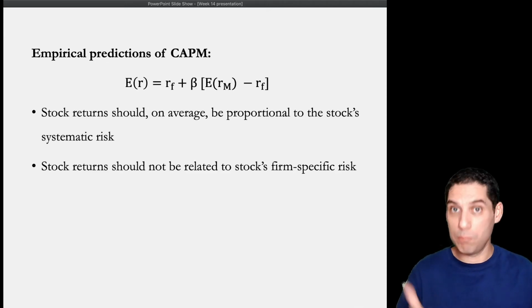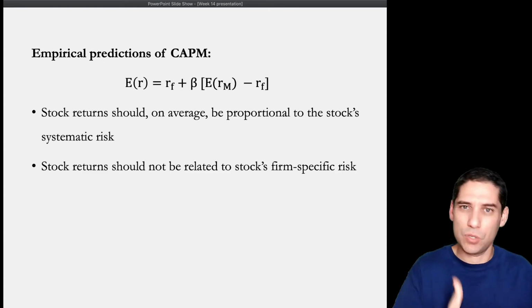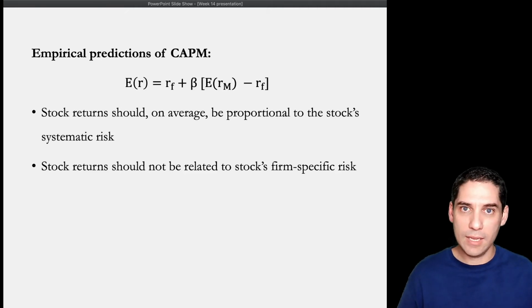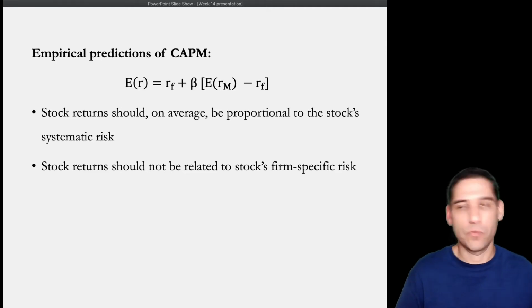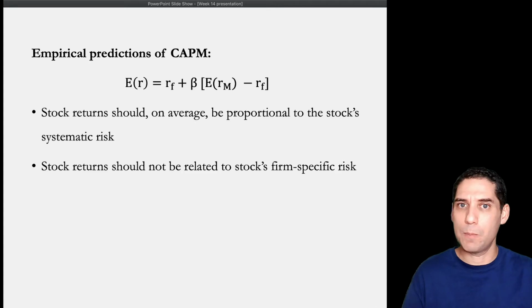So for example, importantly, a stock's firm-specific risk, which is diversifiable, should not matter. That's a very important prediction of CAPM, based on the assumption that all investors are fully diversified. Therefore, the only thing that matters is beta, systematic risk. So firm-specific risk, however volatile the stock is aside from its beta, should not matter at all, okay?